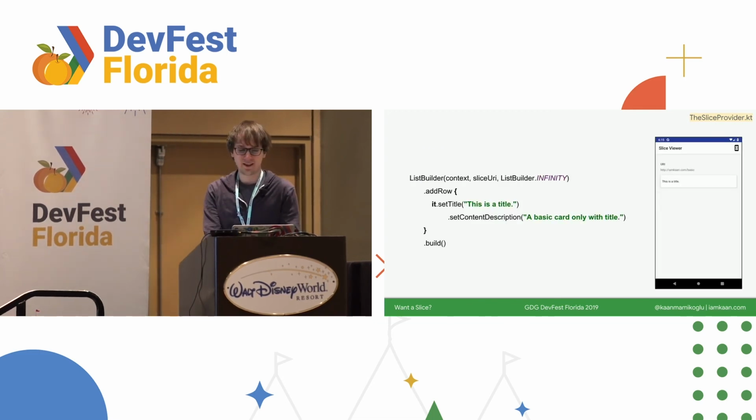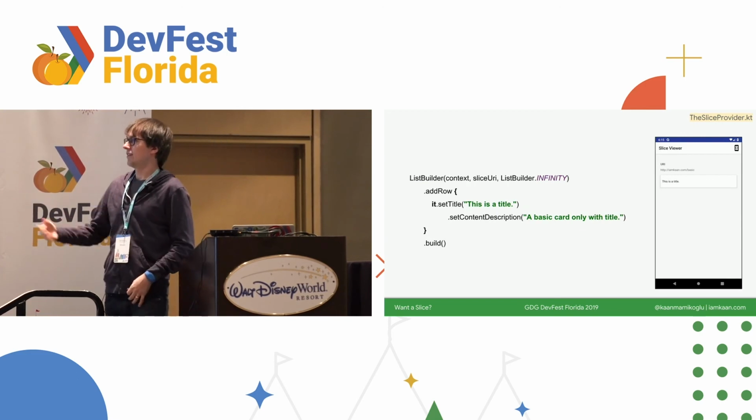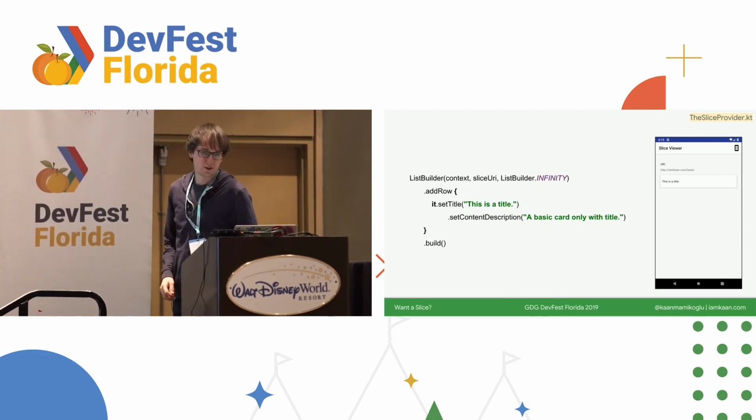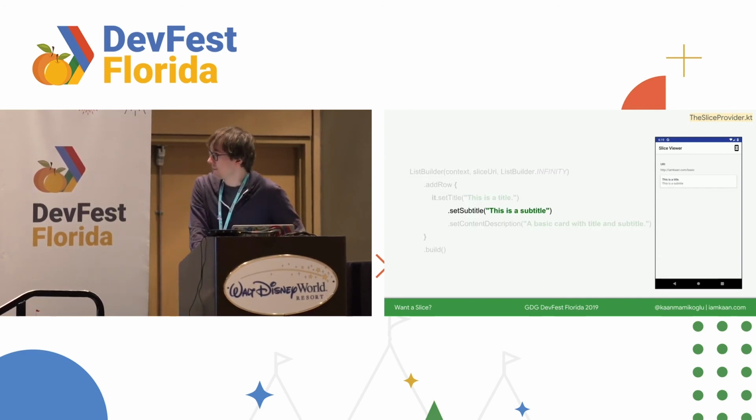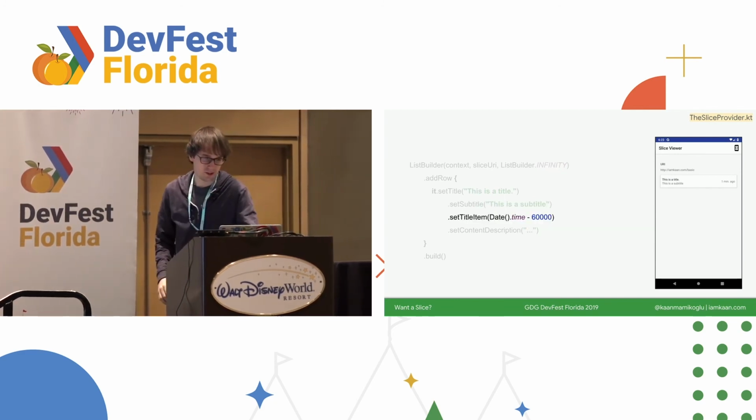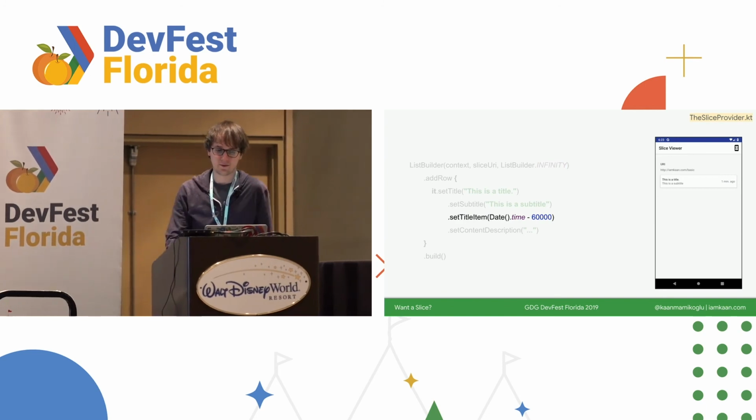The second thing you can do is set content description for accessibility reasons. You can set a subtitle. Then you can set title items or end items, also called.